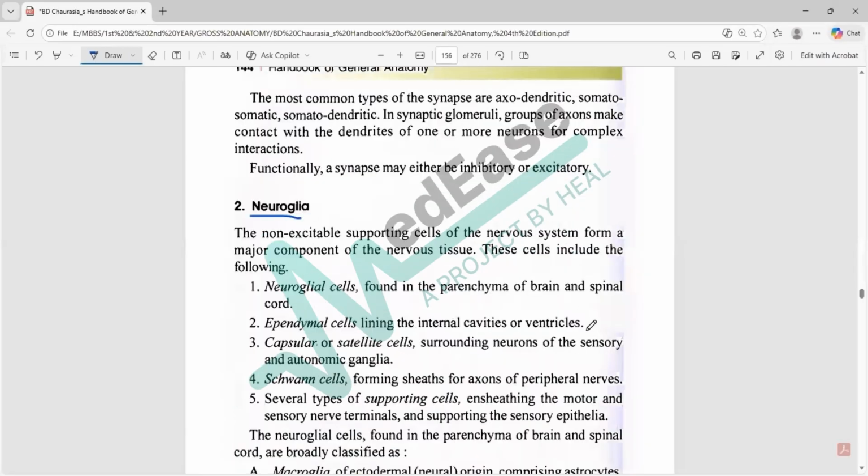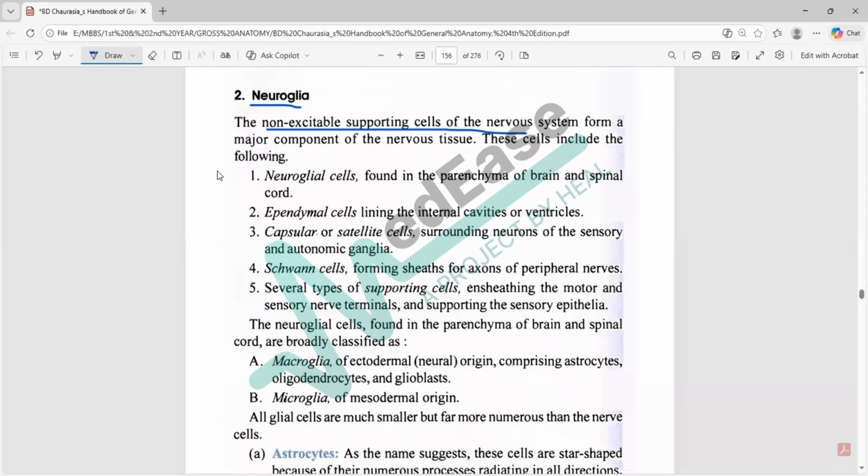Next, we move to the neuroglia. What is neuroglia? The non-excitable supporting cells of the nervous system are classified as neuroglia, which are further divided into five main types. We have the ependymal cells, the astroglial cells, the capsular or satellite cells, Schwann cells, and the other ones.